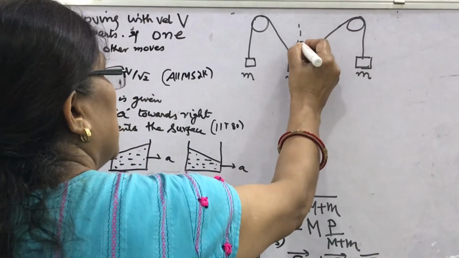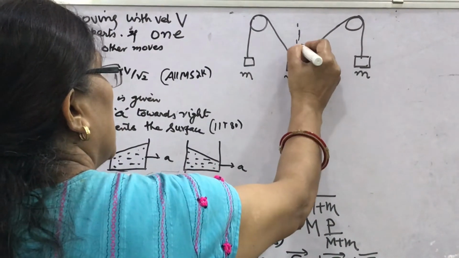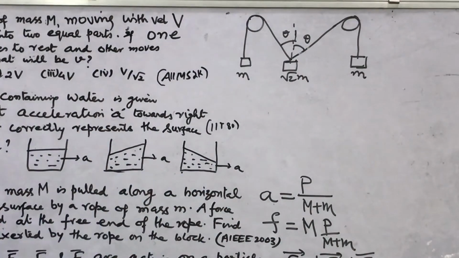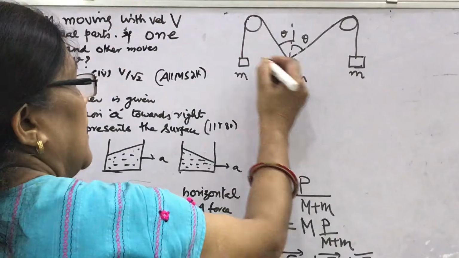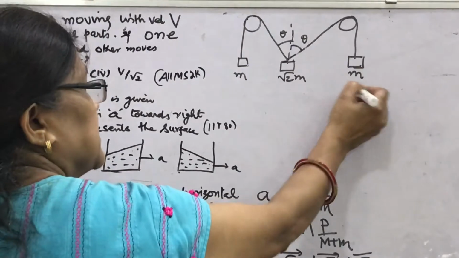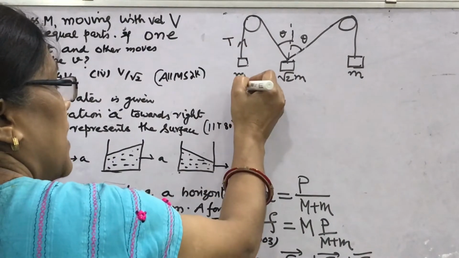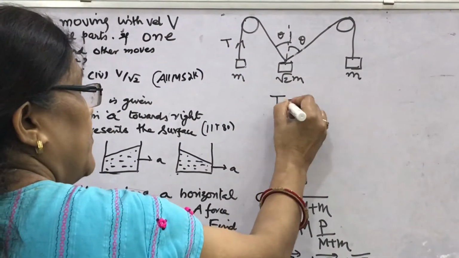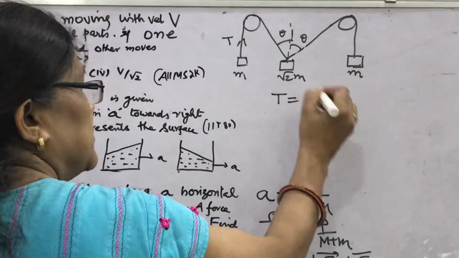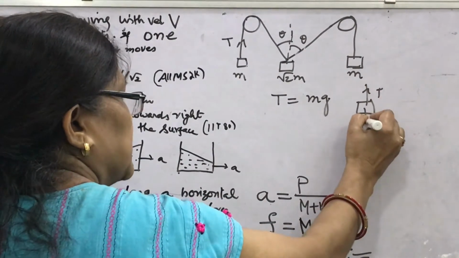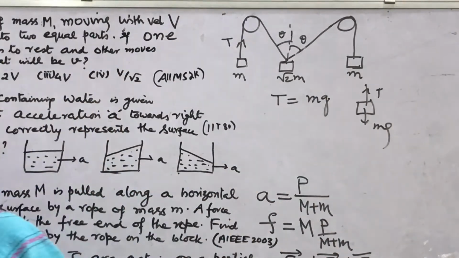This is the angle theta, this is also theta. Look, for any of the masses m, what will be the tension? This T, and the weight mg downward. So T will be equal to mg. For the mass m, this will be T and this will be mg.